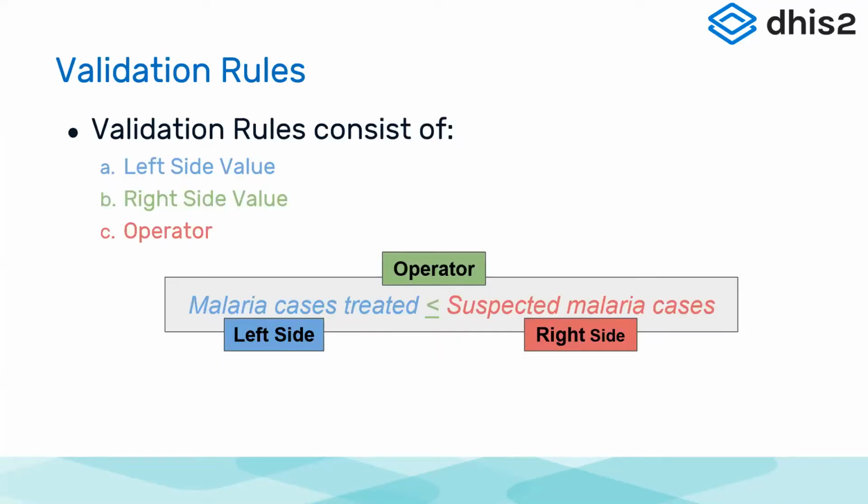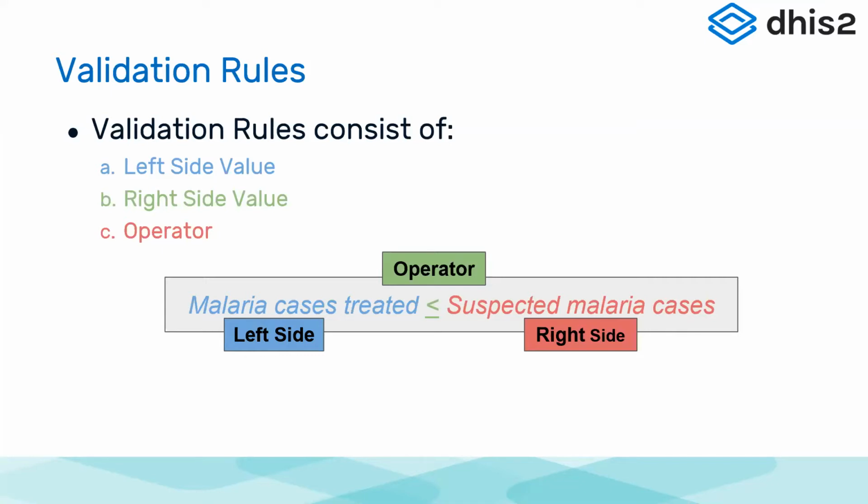This is a repeated slide; you saw this in Neha's presentation. This is an example of a validation rule. A validation rule has three main parts: left side, right side, and operator. I am not going to go into detail because Neha explained this. You have some value on the left side, some value on the right side, and an operator which compares those two values.